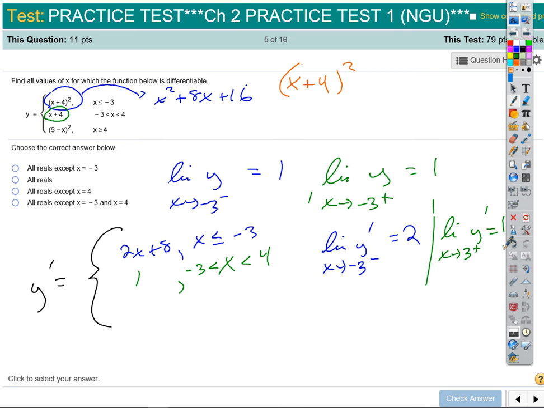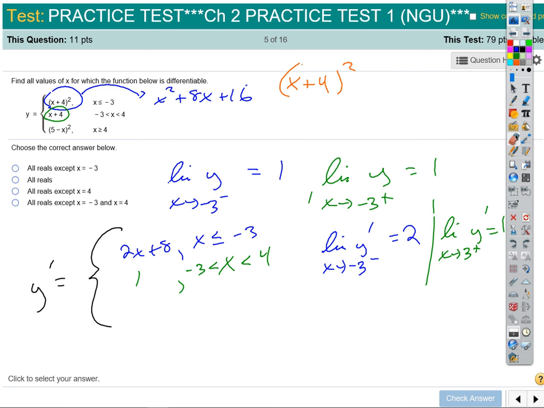Those derivatives are different. So what's that telling us? It's a sharp corner. So is it differentiable there? It's not. As we move towards x equals -3 from the left, the tangent on the left has a value of 2, and the tangent on the right has a value of 1. So sharp corner, we know that it's not differentiable at -3.